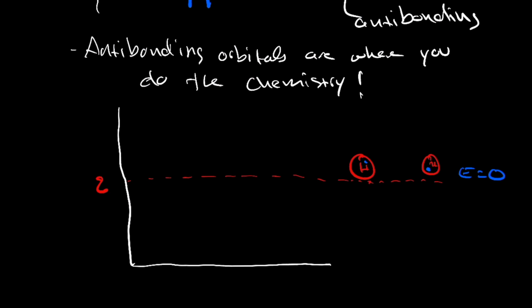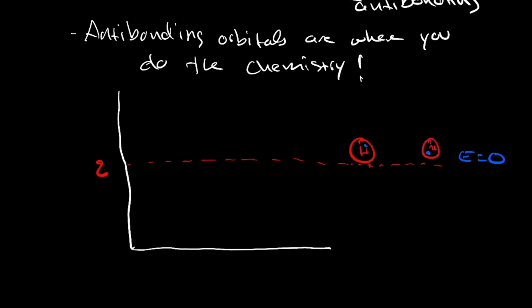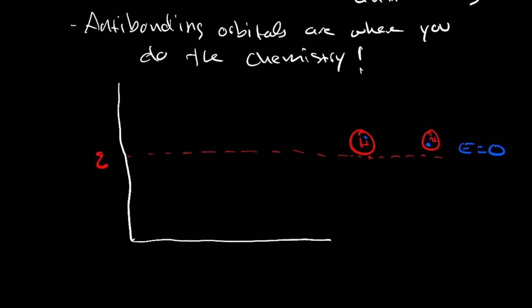And then they come closer together. And as they come closer together, the energy actually starts to go down, okay? And at some point, they get close enough to form a bond. And this is good. This makes them happy. They're able to share electrons, and electrons like to be shared. They can flip spins and even stabilize each other.